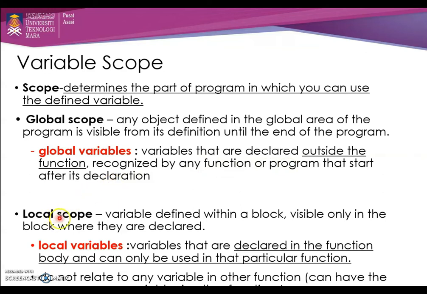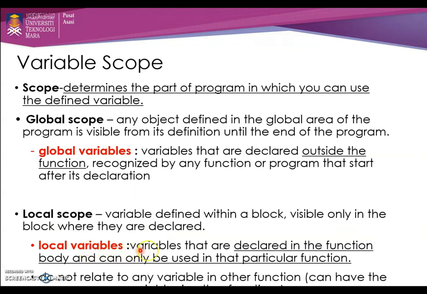Whereas local scope is a variable defined within a block, visible only in the block where it is declared. So any variables that you declare in the local scope will be considered as local variables.